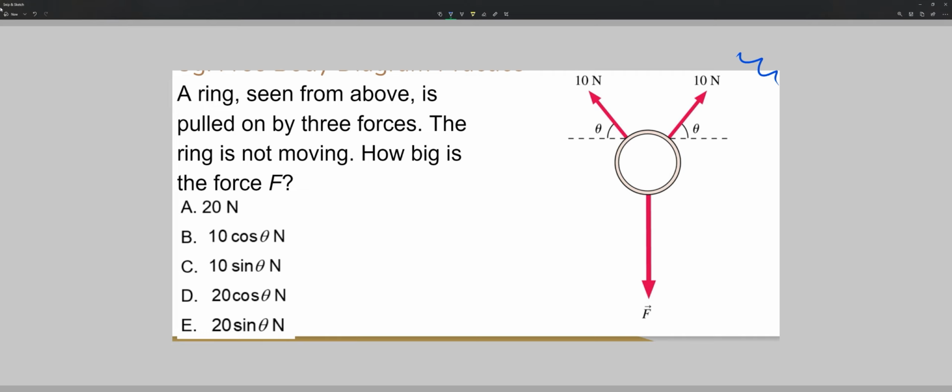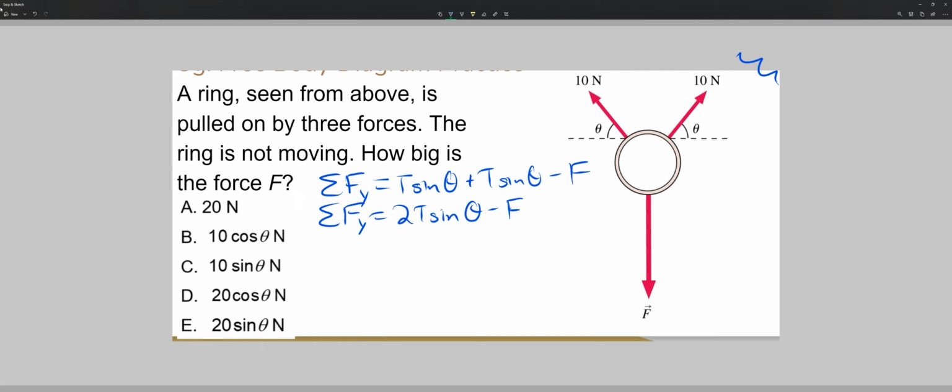So we were at Fy is equal to T sine theta plus T sine theta minus my force of gravity downward. So Fy is equal to 2T sine theta minus F, because you can just add these up.